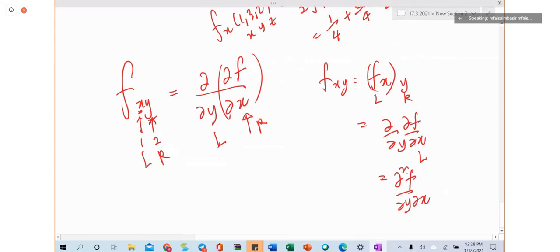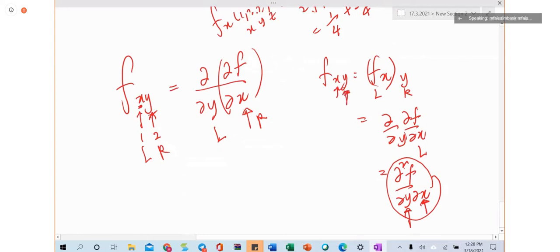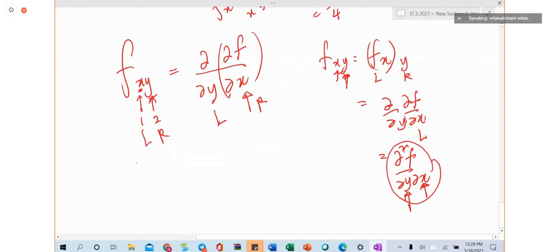So this means you have to differentiate with respect to x first, and then differentiate with respect to y. Maybe this is new to you, right?